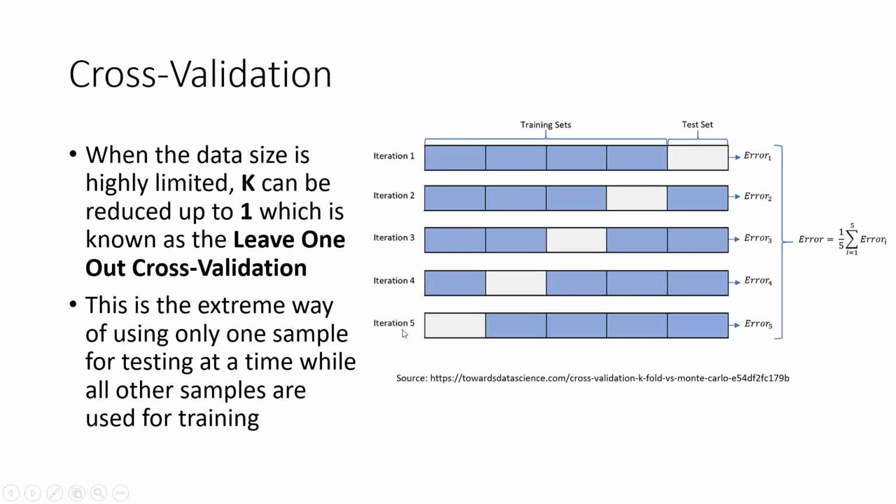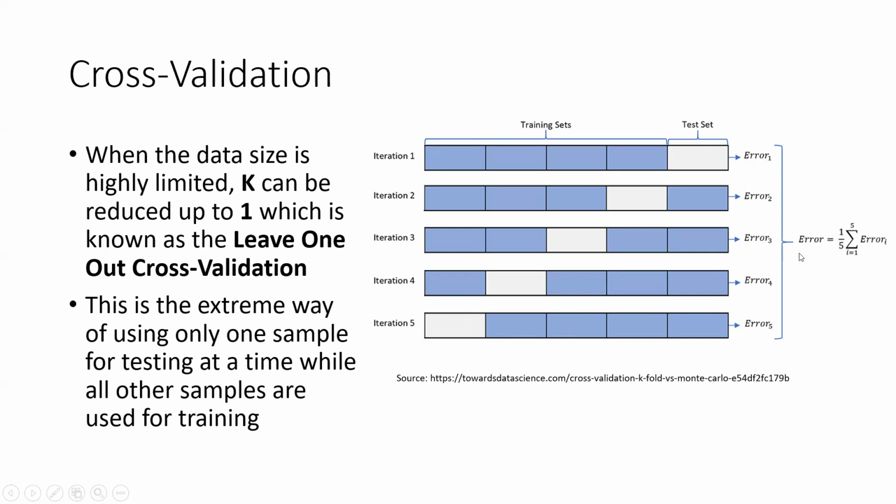For the last iteration, you take the first partition for testing and the remaining partitions for training, and you get error 5. So now we have the 5 errors for all the iterations, and then we sum all these errors from 1 to 5 and divide by 5. Then we get the average error, right?